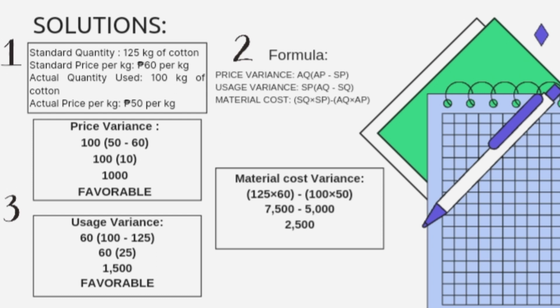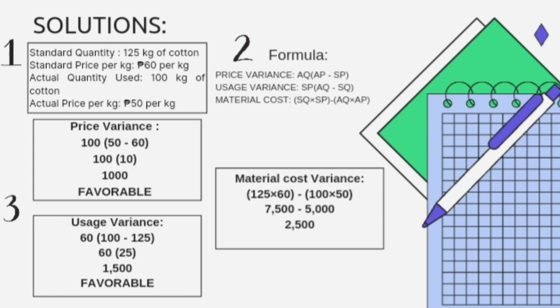And now let's first multiply. 125 multiplied to 60 is equal to 7,500. And 100 multiplied to 50 is equal to 5,000. So 7,500 minus 5,000 would be 2,500.